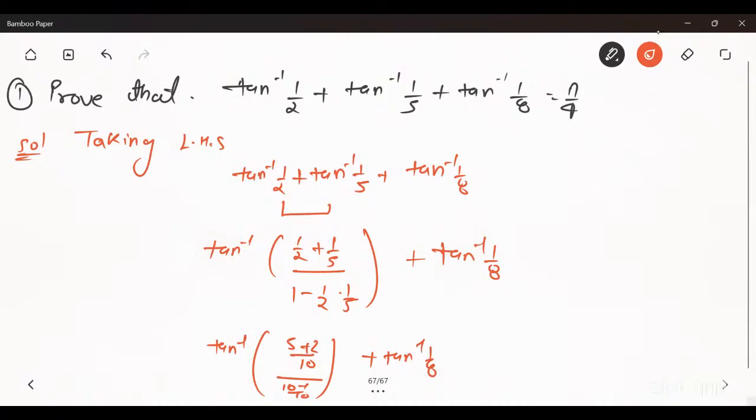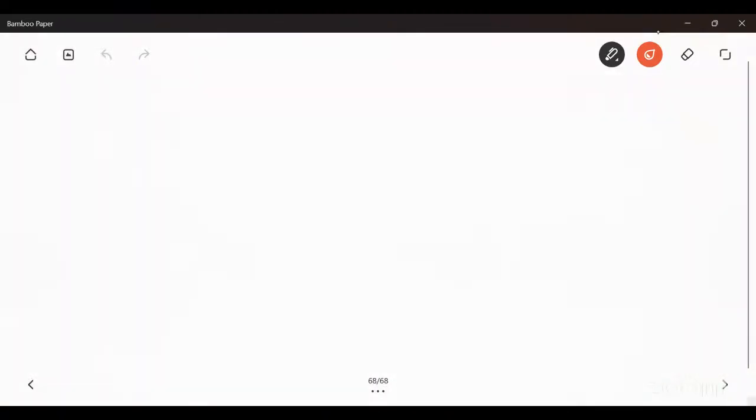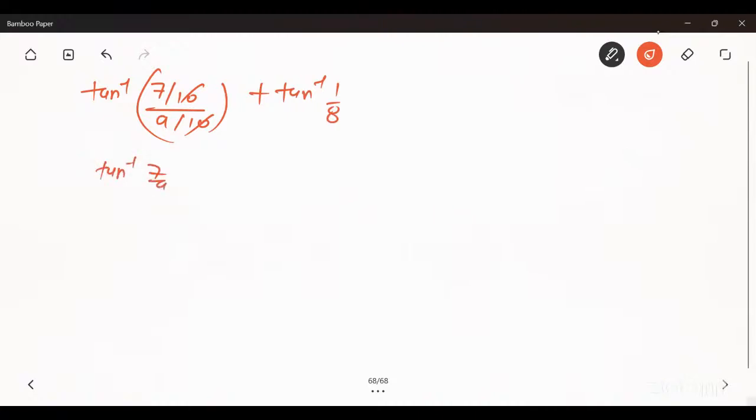Now 5 plus 2 is 7 upon 10, and 9 upon 10. So 10 will be cancelled by 10, plus tan inverse of 1 upon 8. So you will get tan inverse 7 upon 9 plus tan inverse 1 upon 8.